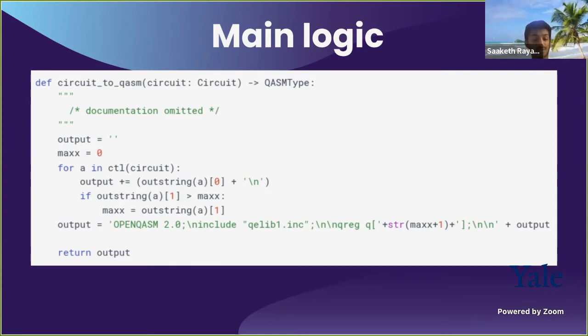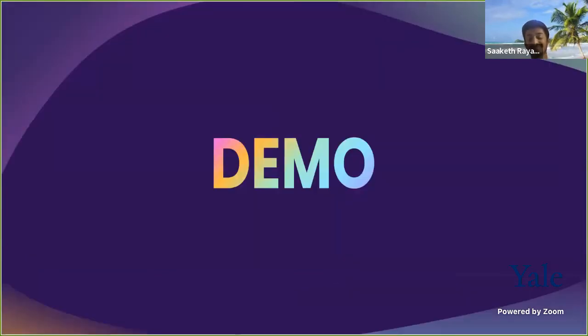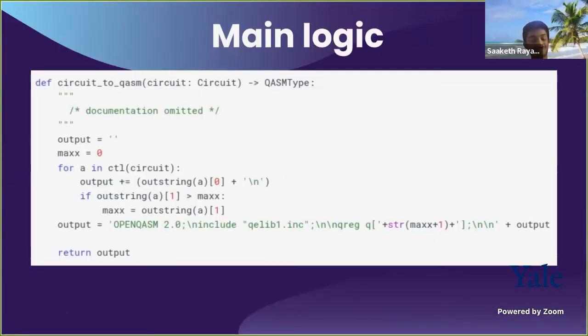And we put both of those together, slapped together a header, OpenChasm 2.0, include the library with a bunch of gates that aren't standard. And then we registered the qubits, string of maxi plus 1, which is the number of qubits, and then the output we had, which would give us, voila, the output in OpenChasm, easily readable and easily executable.